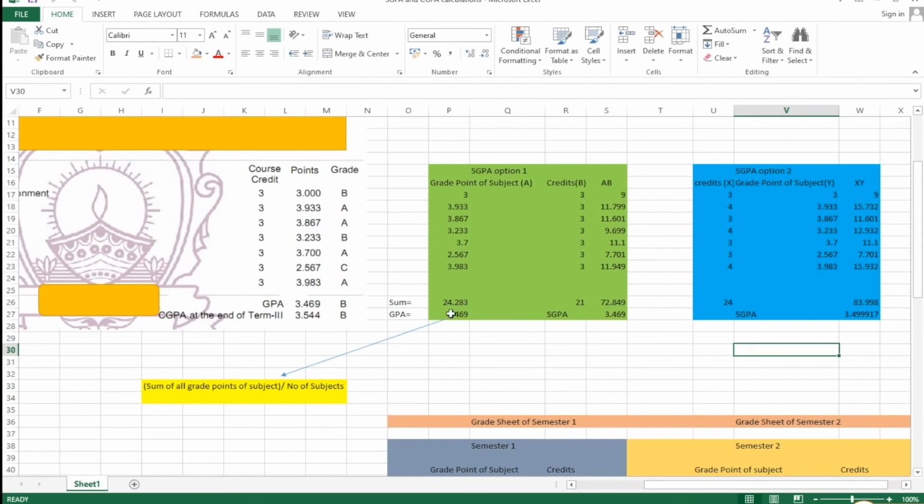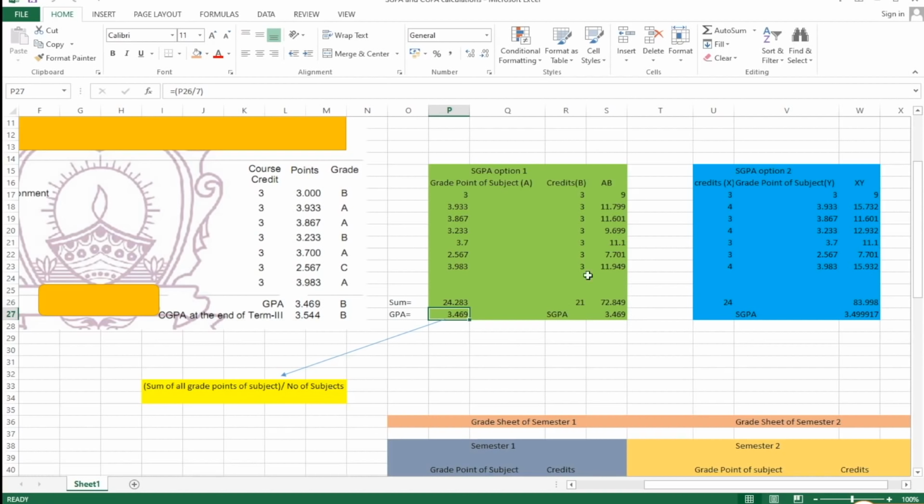So as told to you, grade point average will be the average of these grade points. So we go in for adding them. The total comes out to be 24.283, and then we divide it by the number of subjects, and we get this particular value. So it is sum of the grade points of subject divided by number of subjects.